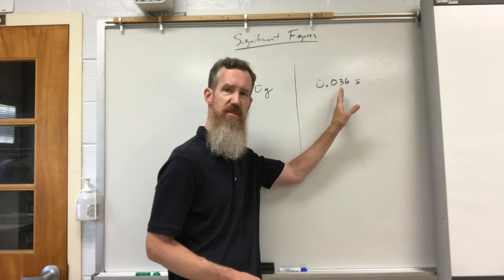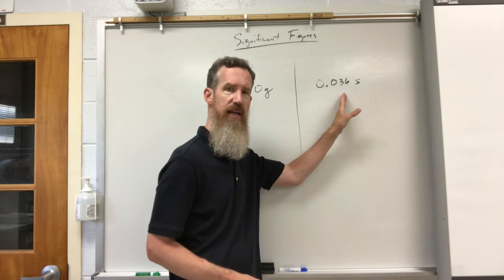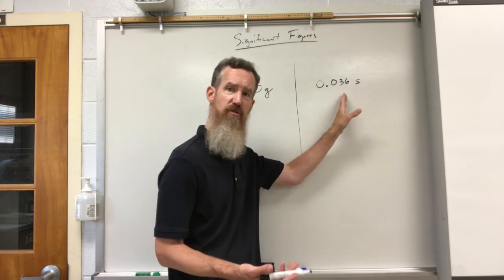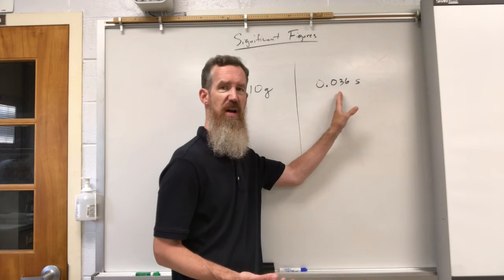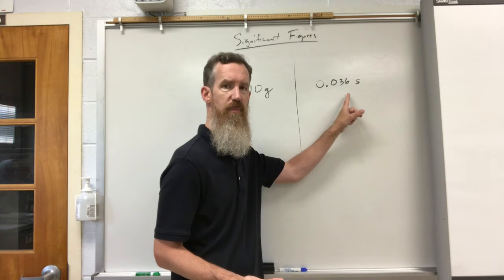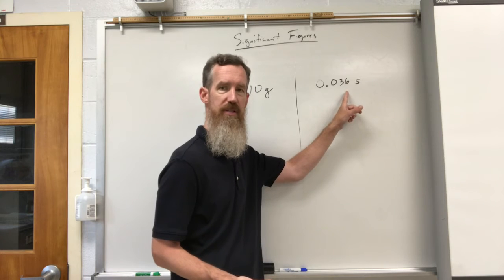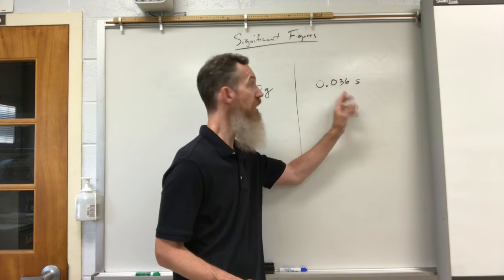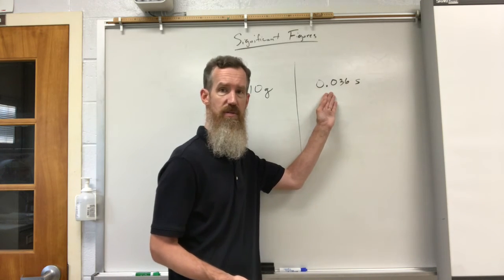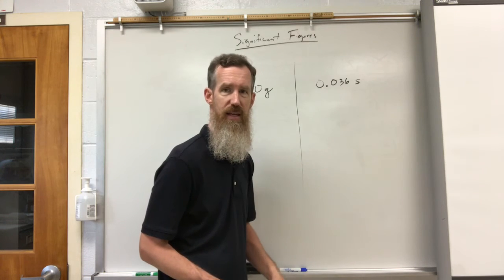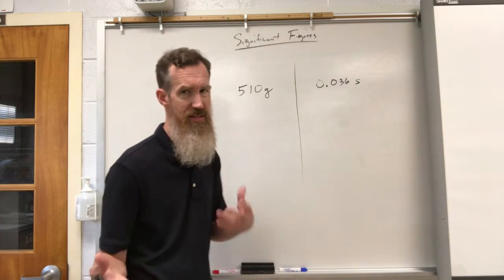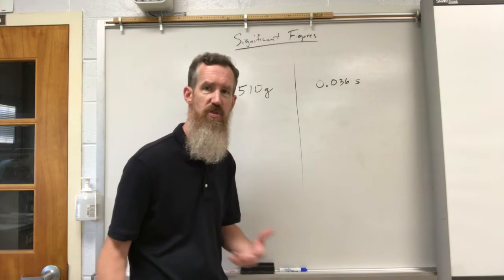We knew the 0.3 was there. And so whomever took the measurement, or whatever measuring instrument it was, said, okay, well, it's a little closer to 0.04 seconds, but not quite there. And these zeros end up just being placeholders to get us there. And when it's written like this, sometimes it's tough to tell what zeros are placeholders and what zeros are not.